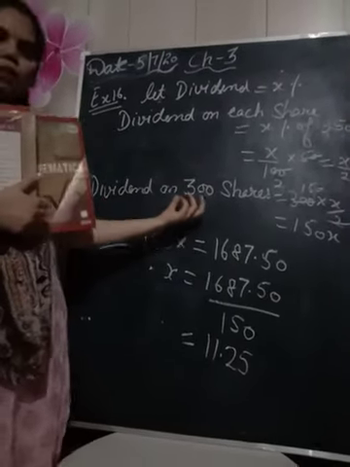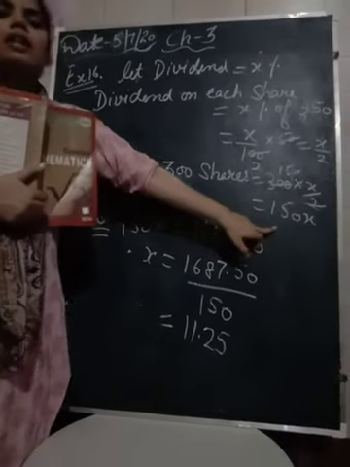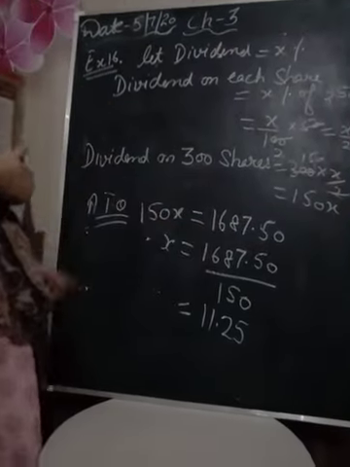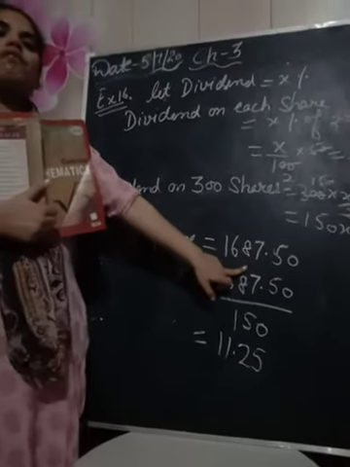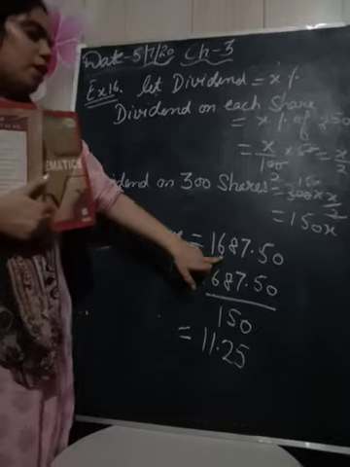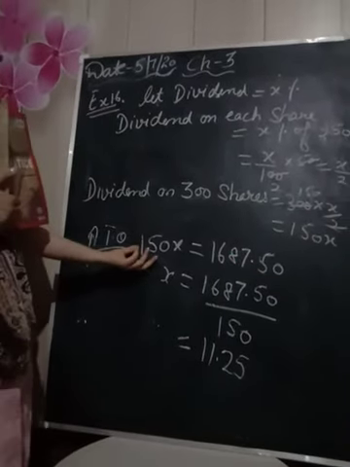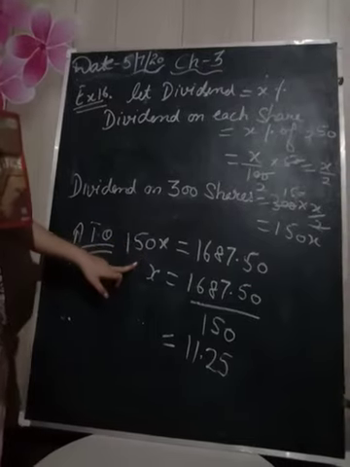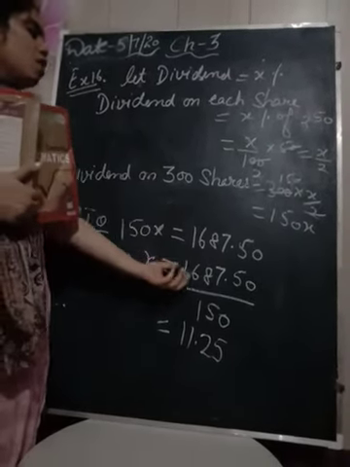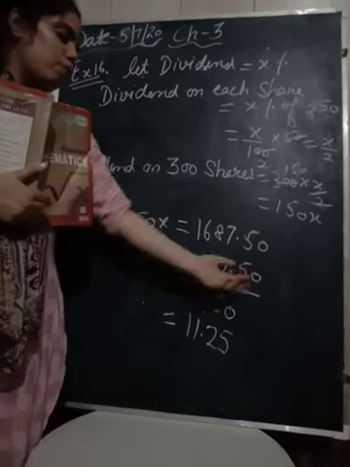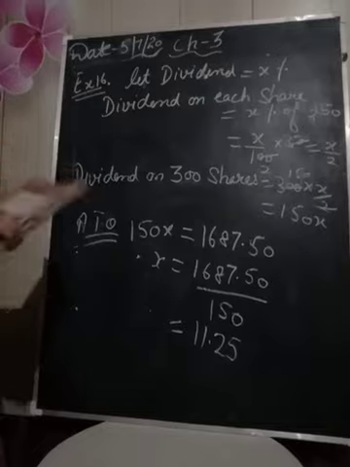So dividend on 300 shares is equal to 300 into X by 2. That comes as 150X. But earlier we have solved how much dividend comes for Sandeep: 1687.5 rupees. Now we have solved by taking X, that comes as 150X. So from this we can find X is equal to 1687.5 divided by 150, which is equal to 11.25. Thank you.